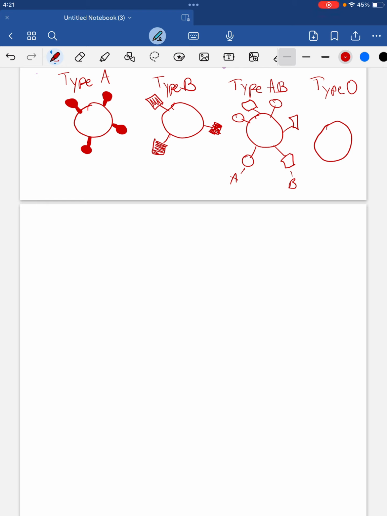Now let's talk about positive and negative blood types. Because we're not just type A, type B, type AB, or type O. We're O positive or O negative, type AB positive or AB negative.